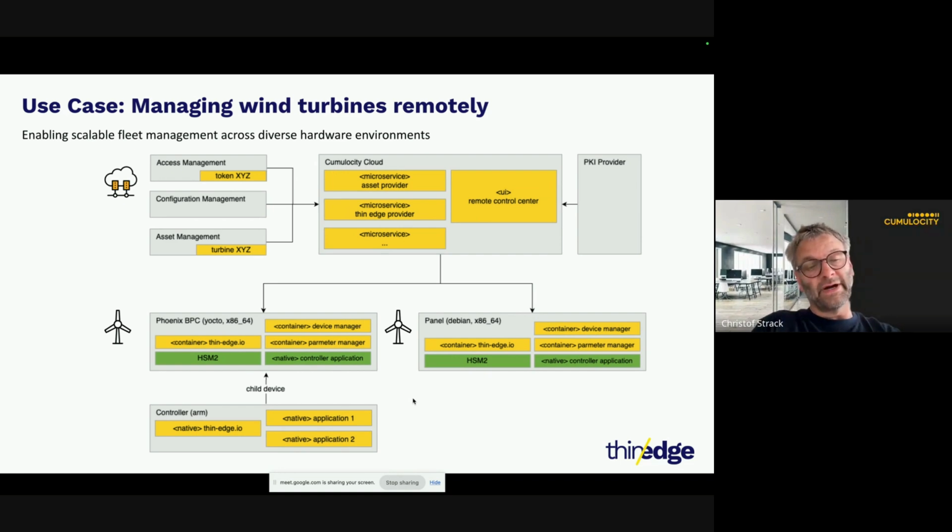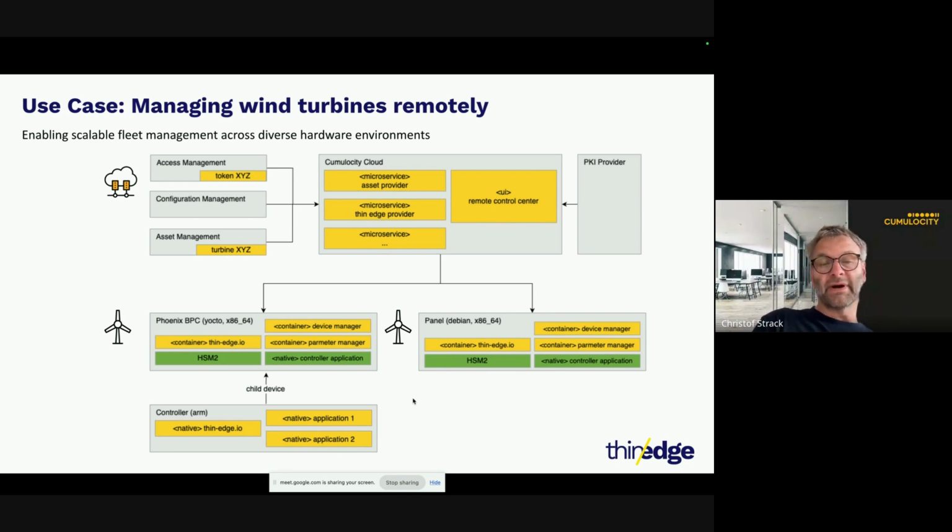For the Phoenix device, it's deployed as a container-based solution, and on the right side you see different business containers, and these business containers are used to do specific business operations.